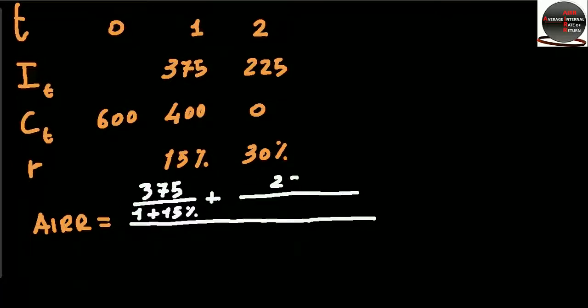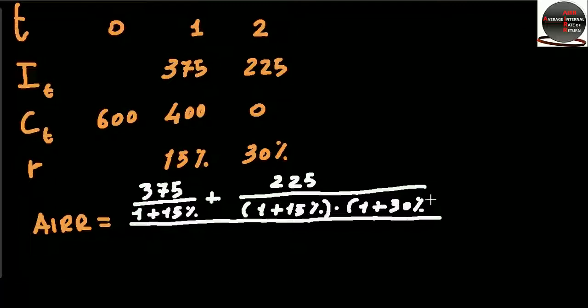So 225 is discounted by dividing by the product of 1 plus the first cost of capital, 15%, and 1 plus the second cost of capital, which is 30%. And we have the present value of the project's overall income.